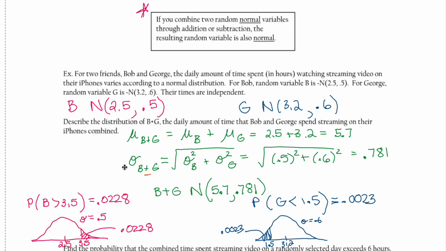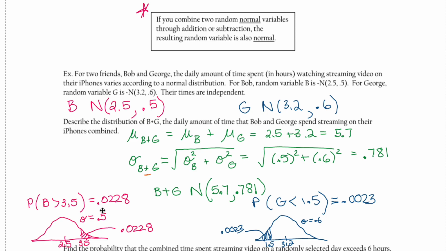For the standard deviation of the sum, you add the variances together and take the square root, which gives you 0.781. Therefore, the new normal distribution of these combined times is normal with 5.7 for mean and 0.781 for standard deviation.